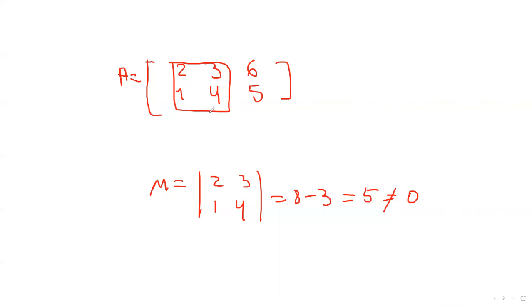So if this is not 0, then by this method the rank of matrix A is 2, because the 2 by 2 minor gives us a non-zero result.